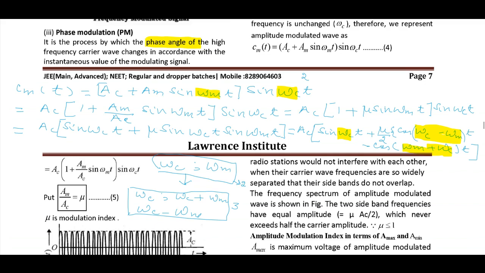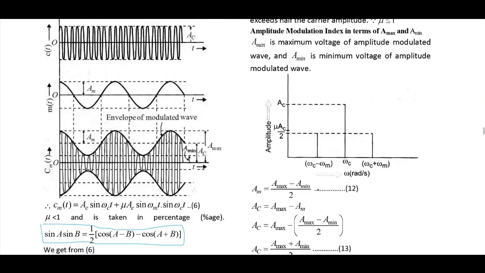Now let us have a look at the diagram. This is that part. I have just told you that we have got three frequencies. This diagrammatical representation gives us a very good idea. This is omega c, the carrier frequency, and this is the frequency on the lesser side, and this is the frequency on the higher side.